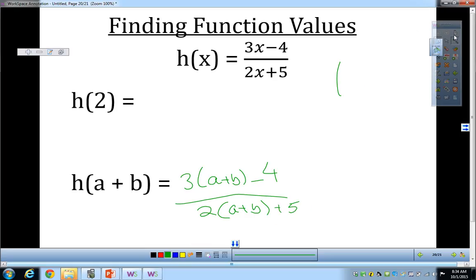Can I move on? You would want to distribute and simplify. Well, in that case, I don't know if it's even worth distributing. You're done at that point. Can I go on?